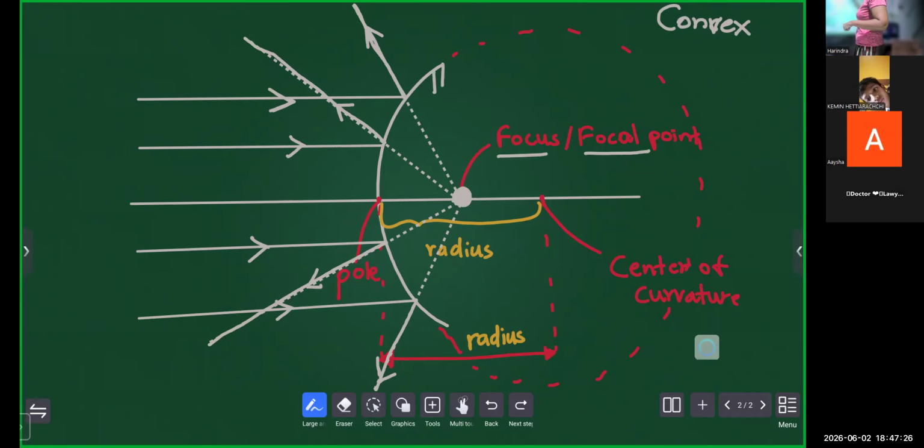And I forgot to draw this. This is the convex mirror. Better you write this down. Draw this in your book. Then only you will understand how it is happening. If you have any doubts, you can ask me now.